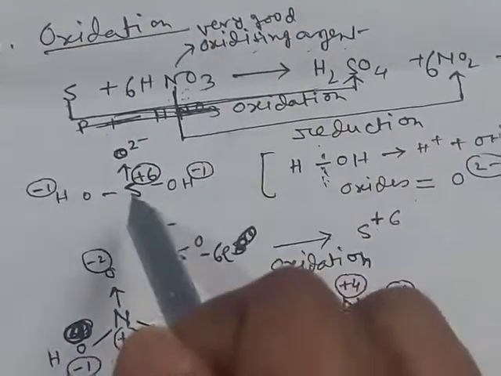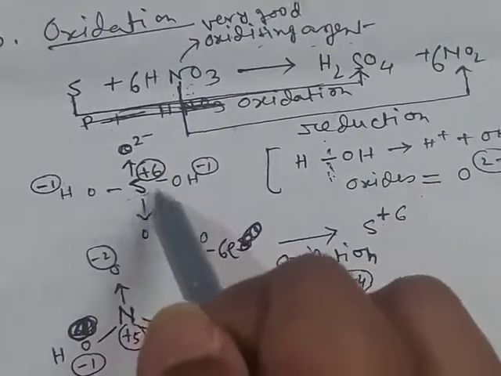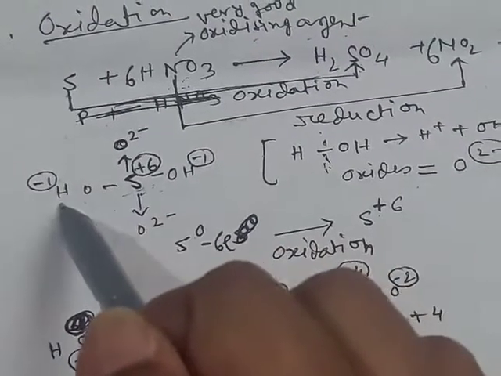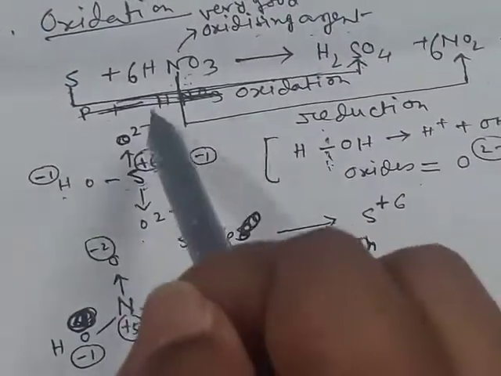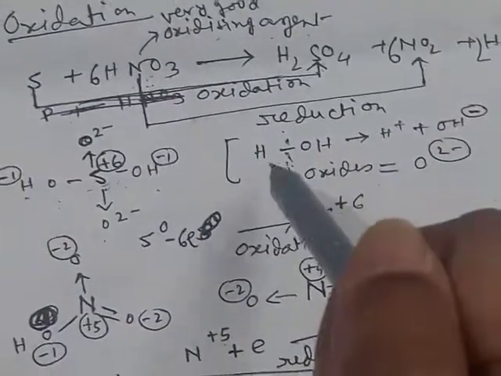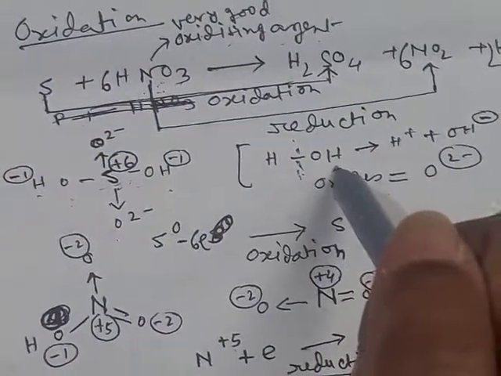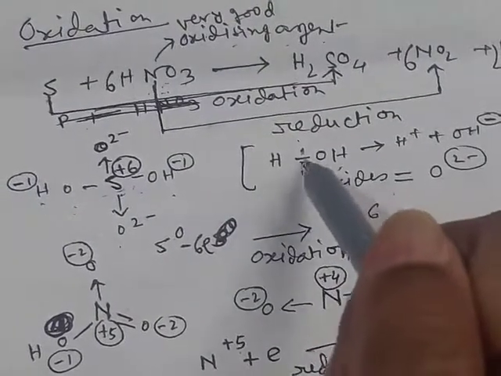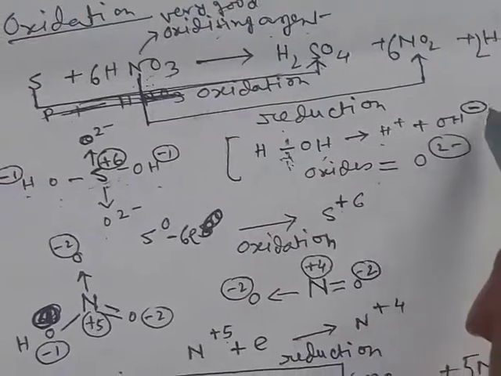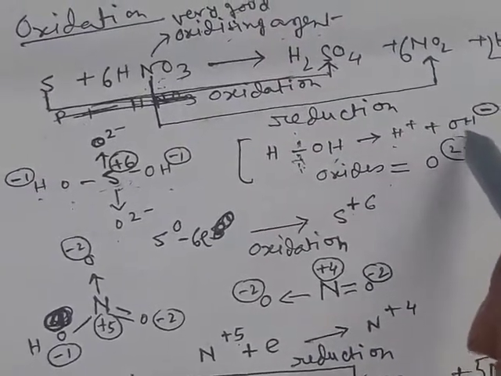If we observe the structure of sulfuric acid, there is one sulfur, 2 OH and 2 oxide. We know for OH, if we take a water molecule and this bond breaks, HOH, we get H plus and OH minus. So there is one negative charge on OH.